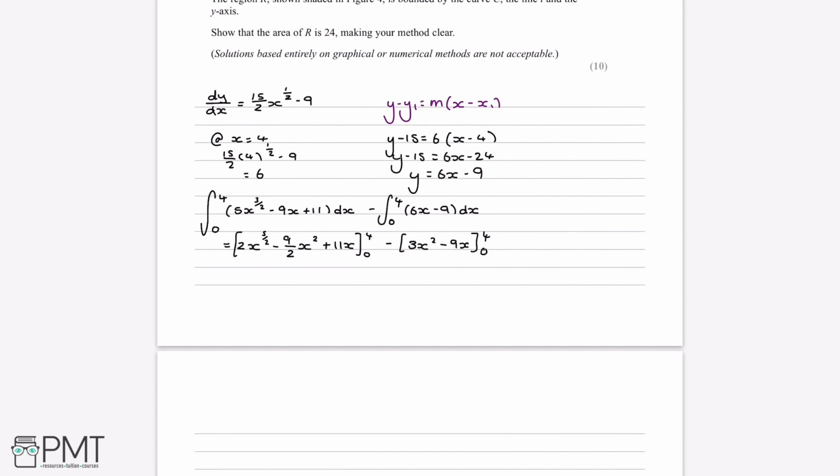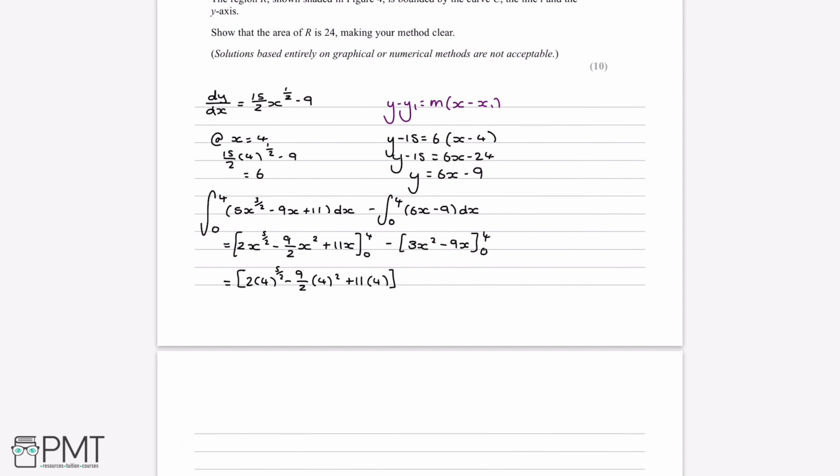So now what we do is we substitute in firstly 4 for x, and then take away substituting in 0 for x. So 2 times 4 to the power of 5 over 2, minus 9 over 2 multiplied by 4 squared, plus 11 multiplied by 4.